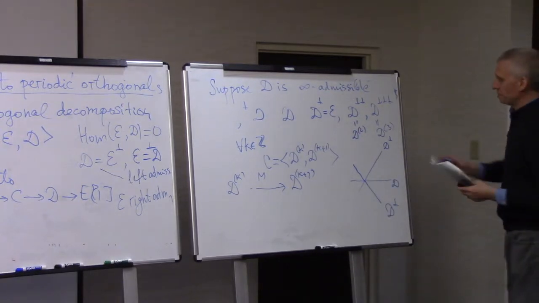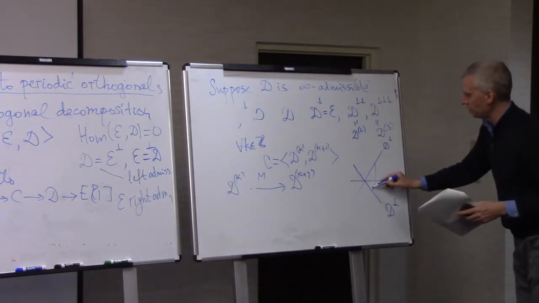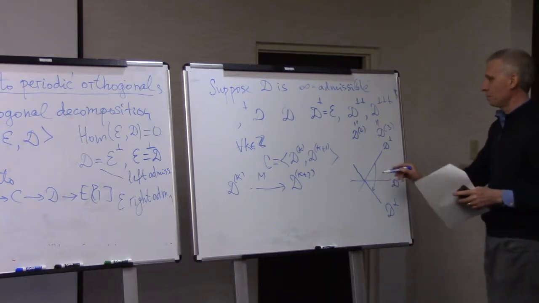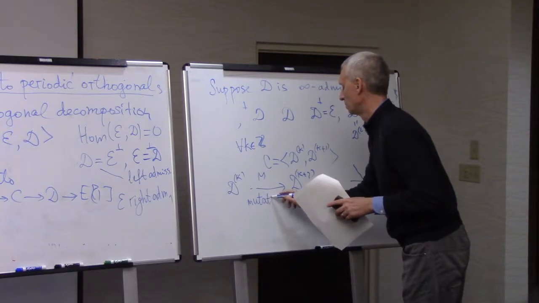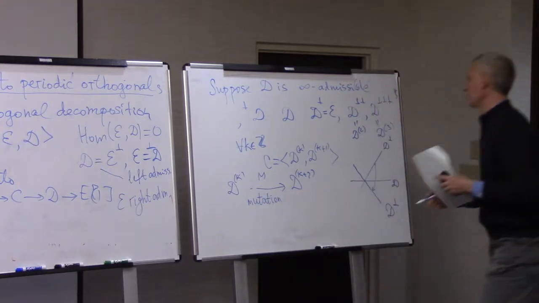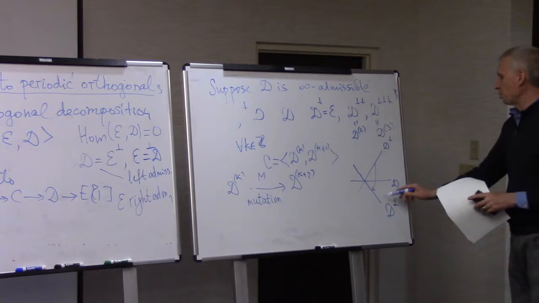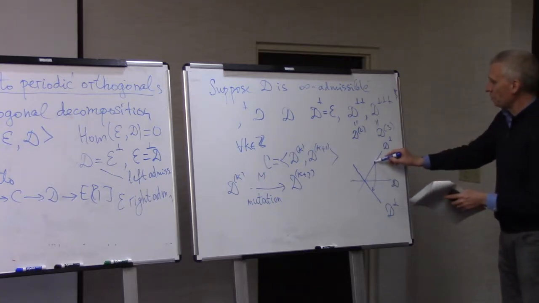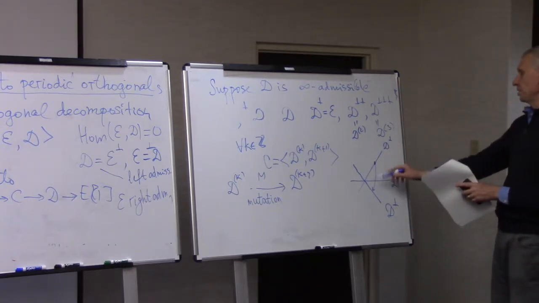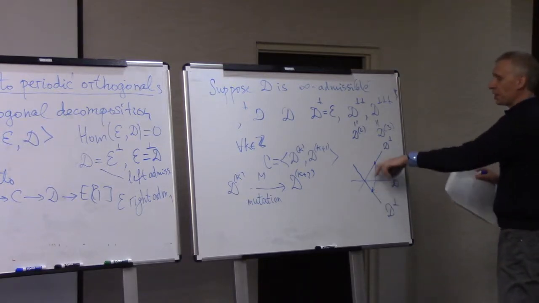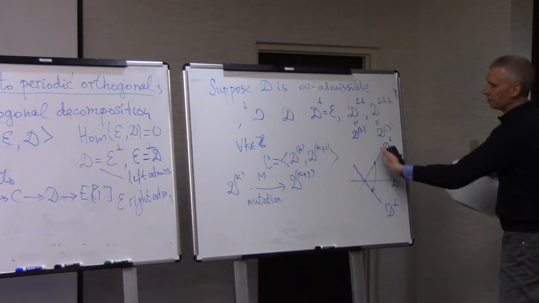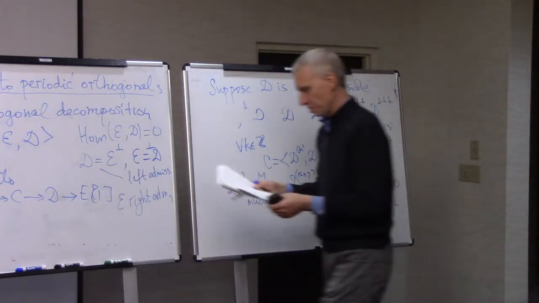Then there is a canonical identification from here to here called the mutation. Since those two form sort of a basis, we take this object, decompose it in this basis, and take this part of the decomposition. And this is going to be an equivalence. This is the mutation.